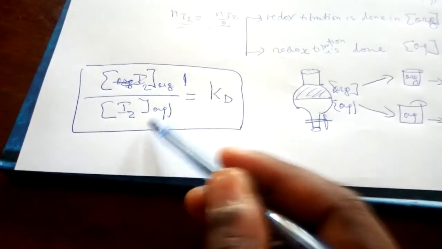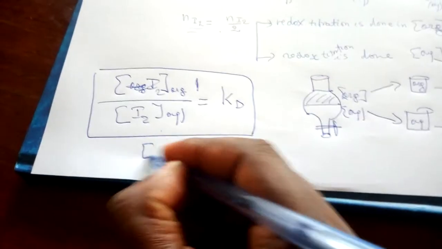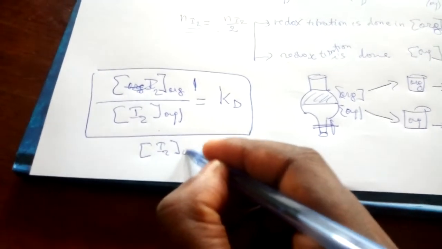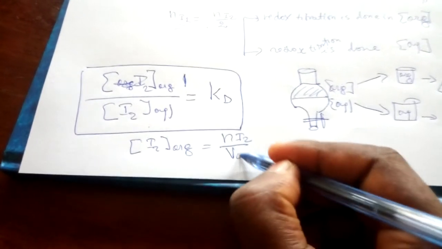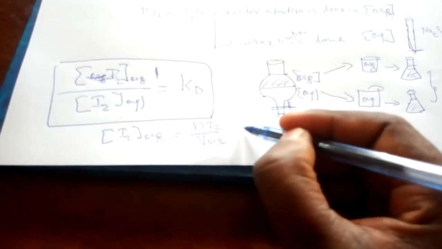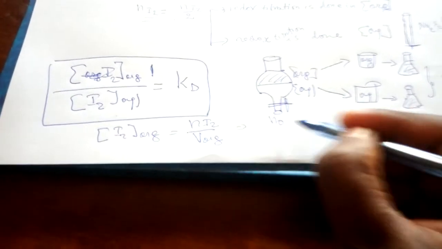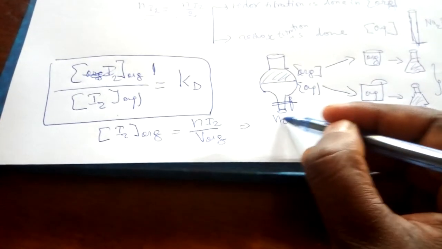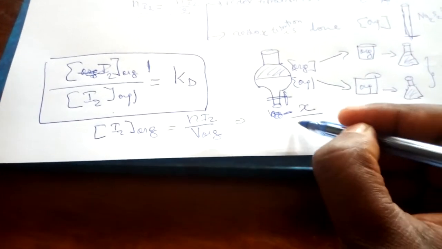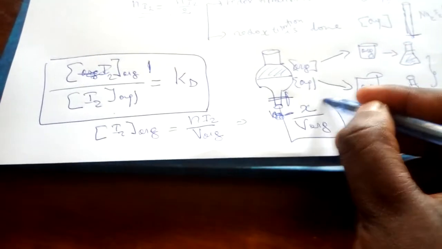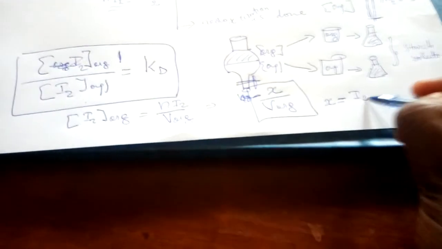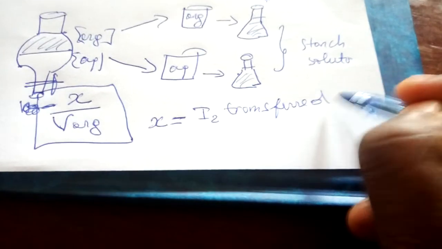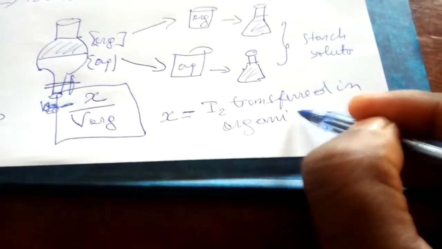Because the amount is not known, you must know that the concentration of iodine in org is equal to the number of moles of iodine over the volume of organic solvent, but it is also equal to x over the volume of organic, because x is the iodine transferred in the organic phase.